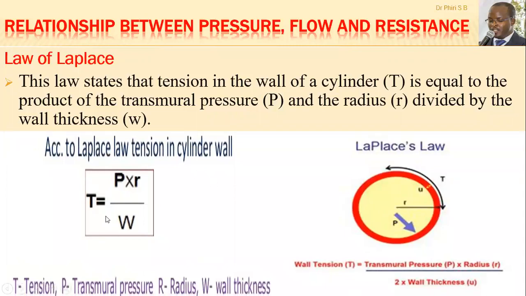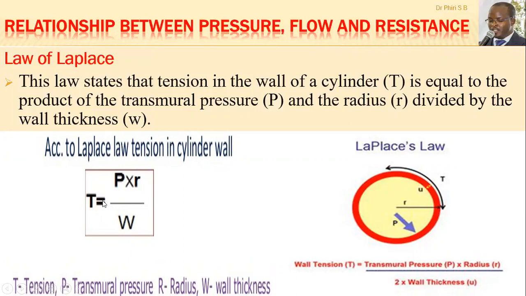The equation states that the tension on the surface of blood vessels is equal to the transmural pressure across the wall of blood vessels multiplied by the radius of these blood vessels, divided by the thickness of blood vessels.